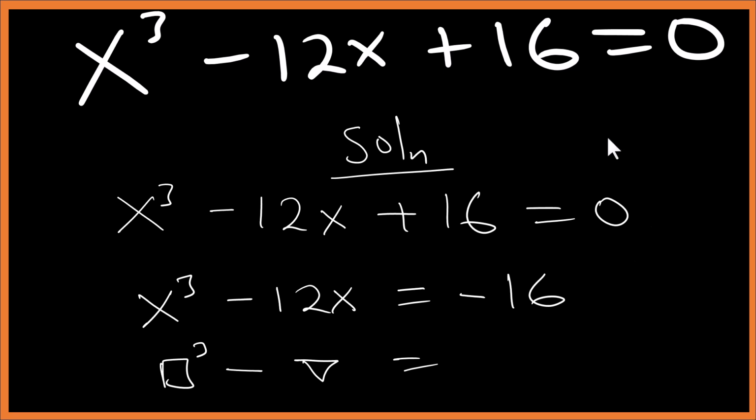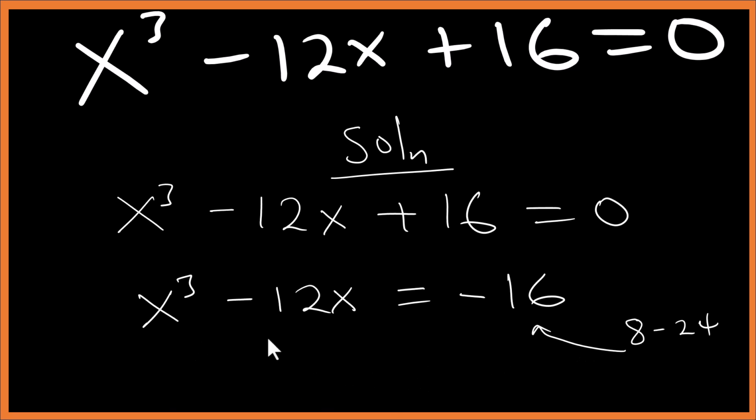Now, if I write 8 minus 24, it is the same as minus 16. So I'm going to replace minus 16 with 8 minus 24. So I can write the 8 as 2 to the power 3, which will match with x cubed. As simple as that.